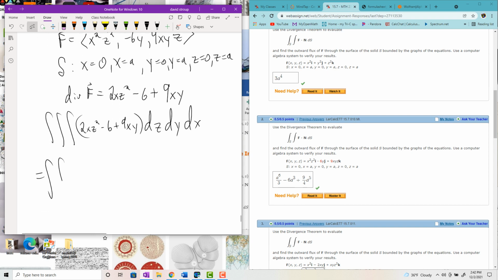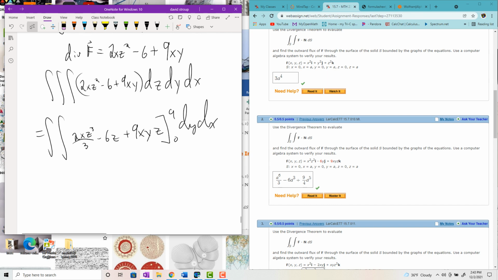So the first integral with respect to z, I get 2x z cubed all over 3 minus 6z plus 9xyz, z from 0 to a, dy dx. So this will be the double integral of 2x a cubed all over 3 minus 6a plus 9xya, minus 0, dy dx.